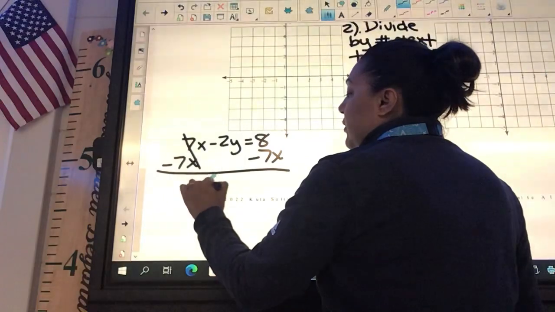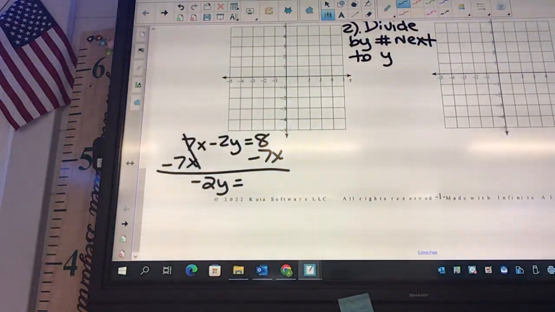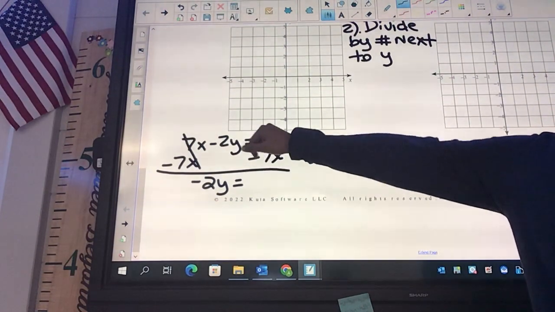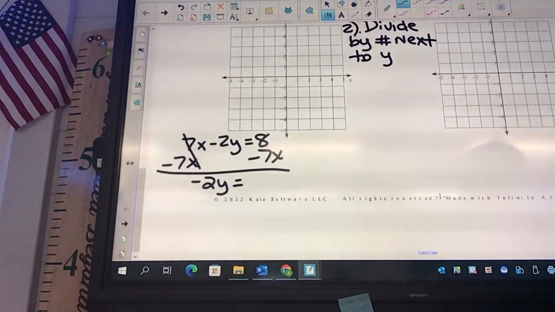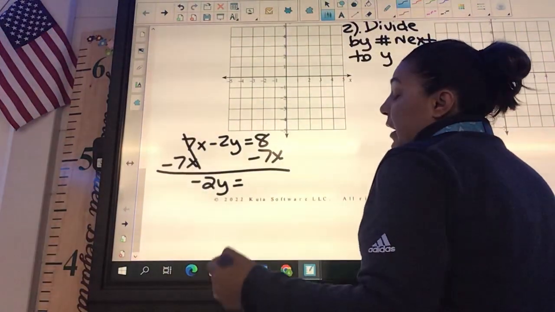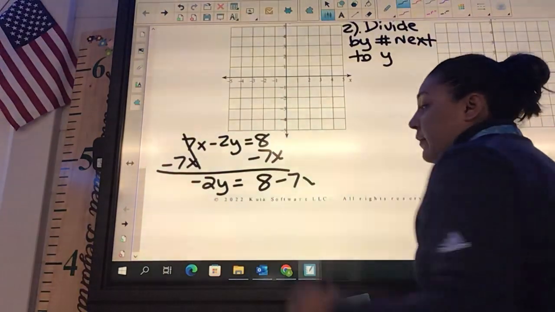So you got negative 2y equals, and here's the part where you guys screw up, okay? You cannot combine an x and a number. It's just going to get written in a straight line. So you can say negative 7x plus 8, or you can say 8 minus 7x.